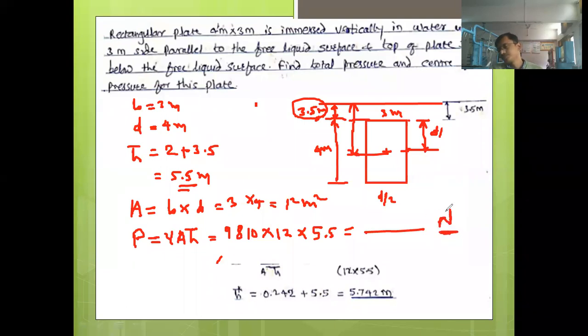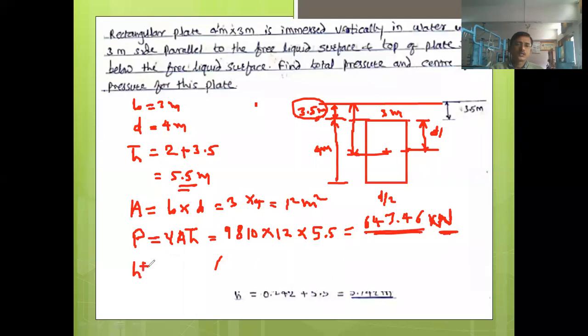How much is it? 647.46 into 10 raised to 3 Newton. So instead of 10 raised to 3, I can write here kilonewton. Okay. So this will be your P.